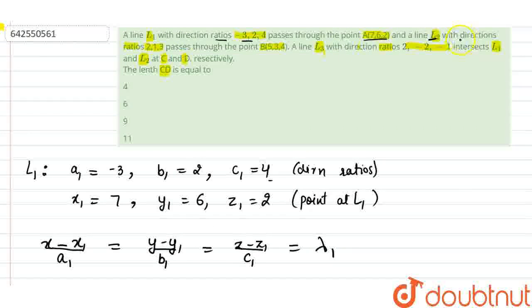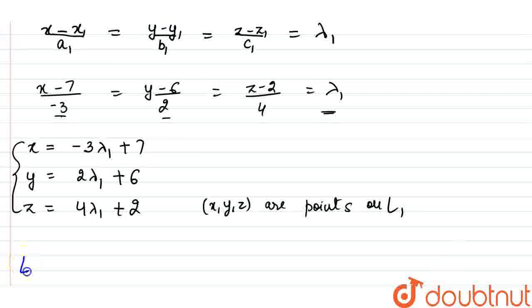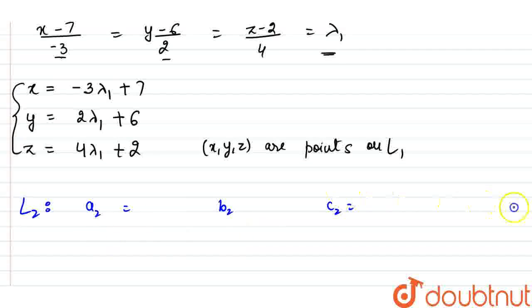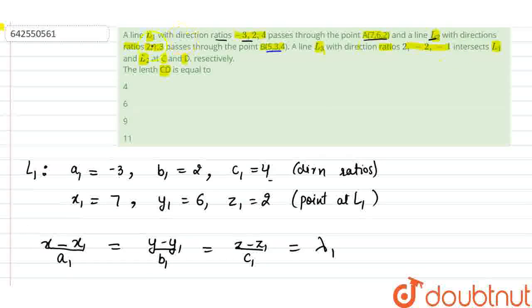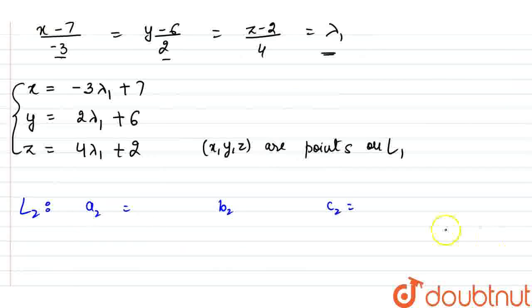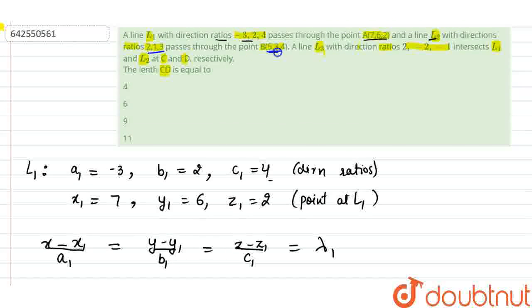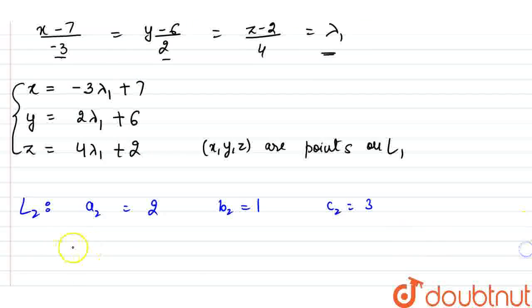Now consider the line L2 that we have been given. L2 has direction ratios 2, 1, 3 and it is passing through the point (5, 3, 4). So for L2 we have a2, b2 and c2, the direction ratios: 2, 1 and 3.